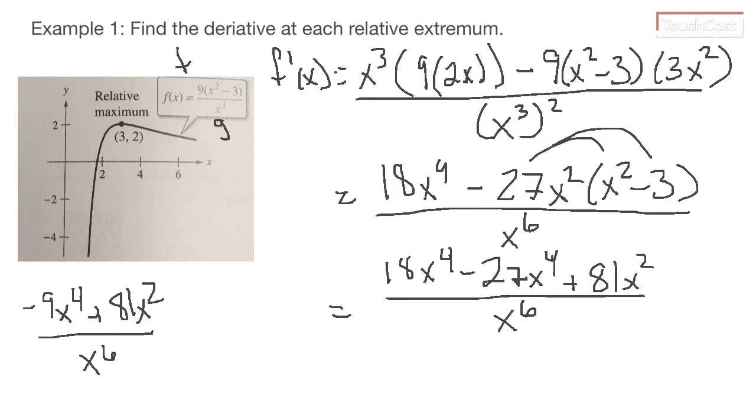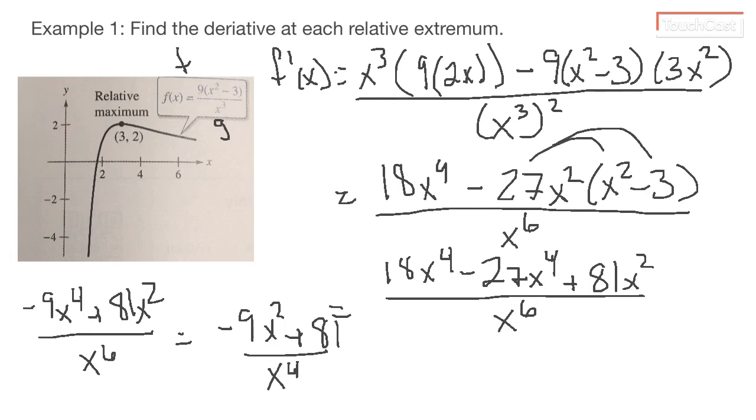And since all the terms have an x squared, let's go and eliminate an x squared. So we can write this as negative 9x squared plus 81 divided by x to the fourth.